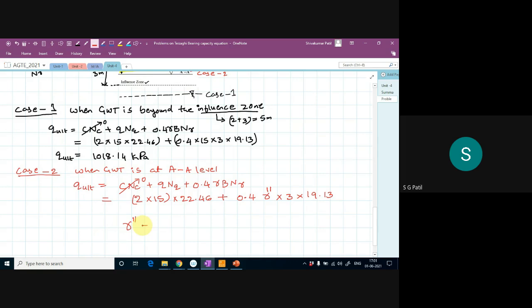Gamma double prime is equal to gamma sat minus gamma w into 1 minus (dw minus d) divided by what? D.